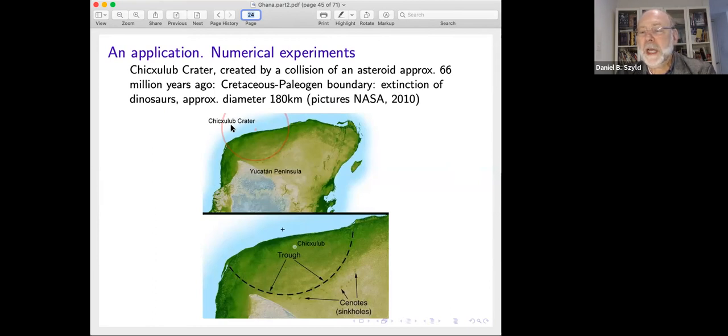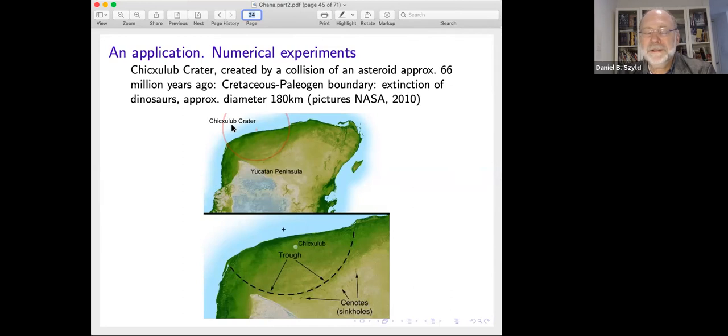I don't know if you know, I'm Argentinian, I speak Spanish, but Chicxulub is not Spanish, it's Mayan. So an asteroid landed here about 66 million years ago, and presumably it was instrumental in the extinction of dinosaurs.